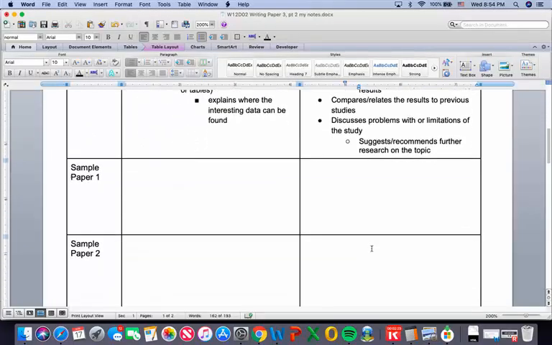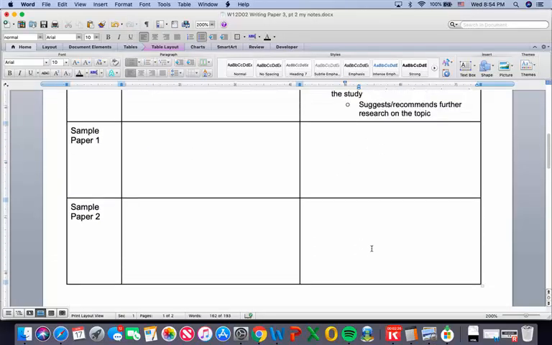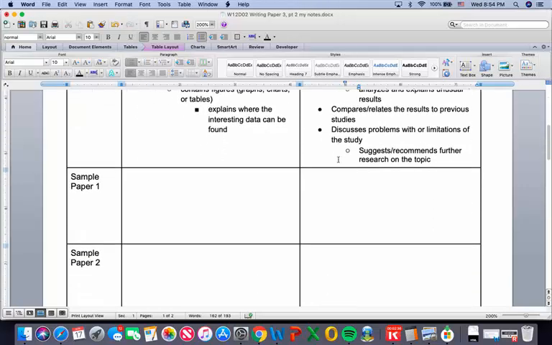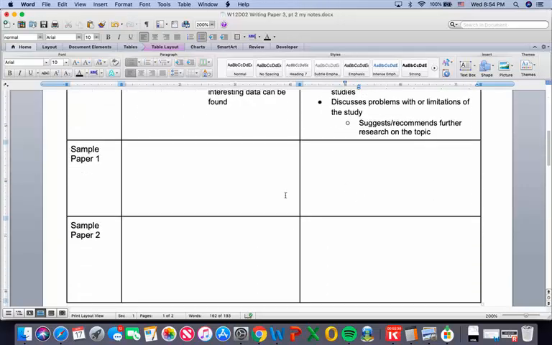So to learn a little bit more about how we're going to write it, we're going to go ahead and look at sample paper 1 and sample paper 2. Look at both of them, look at their results and discussion sections, and then make some notes about what they do in there so that we can do this in our own papers.